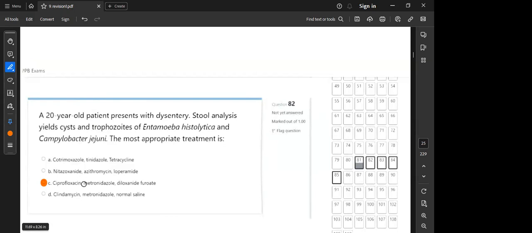According to the notes, you give fluoroquinolones, metronidazole, and as we discussed in the morning, you give diloxanide furoate. I'm not sure, but I feel that's the answer. I think diloxanide is active against the cyst form. Metronidazole is not, so you need to combine the two.